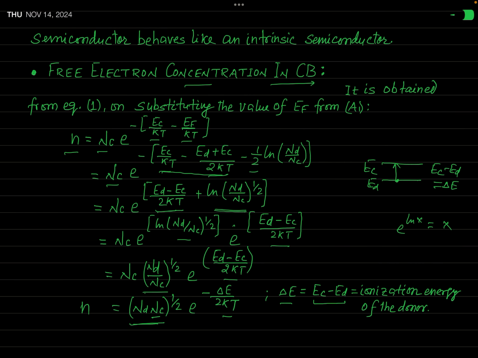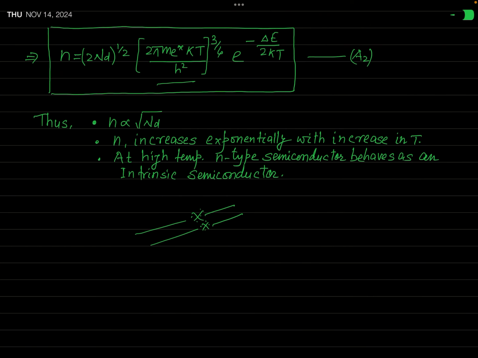So after substituting the value of Nc, your result will be n equal to 2 Nd to the power half times 2 pi me star kT over h square whole to the power 3 by 2 times e to the power minus delta E over 2kT.